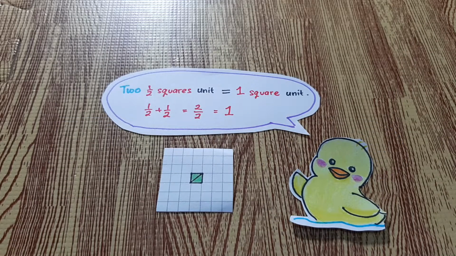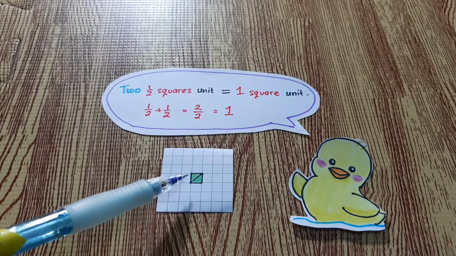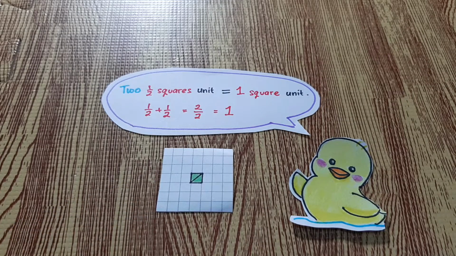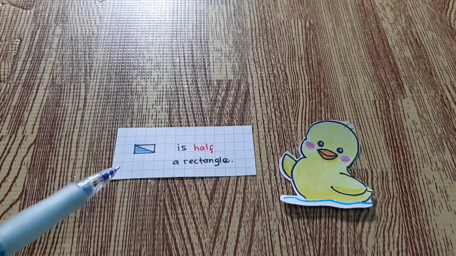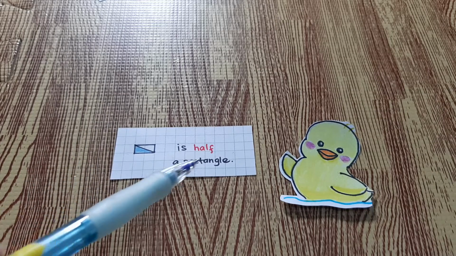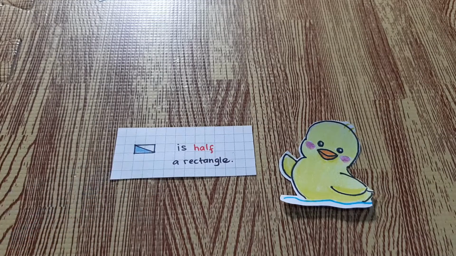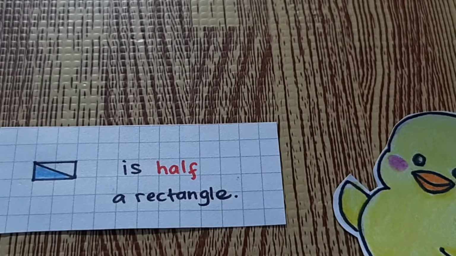Remember that 2 half square unit equals to 1 square unit. So if the green part here is half, half plus half is 1. How about this one? These shapes, the shaded part is half of a rectangle. So how do we count it? Take a look.